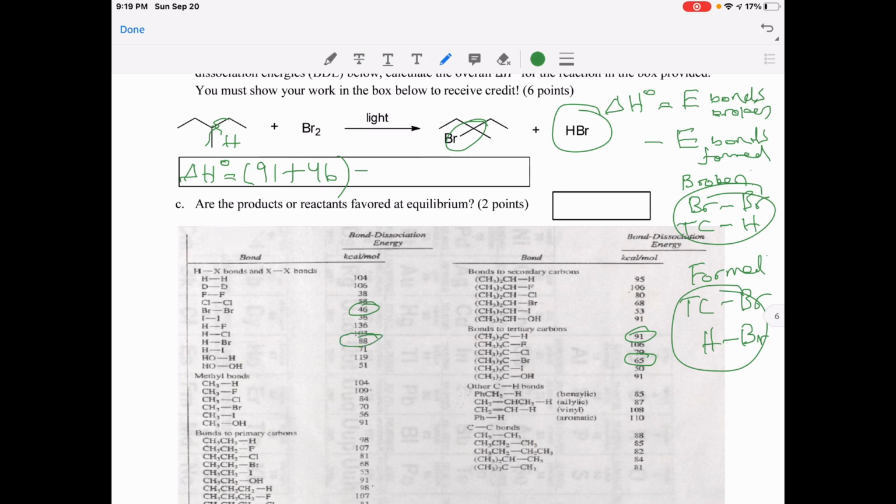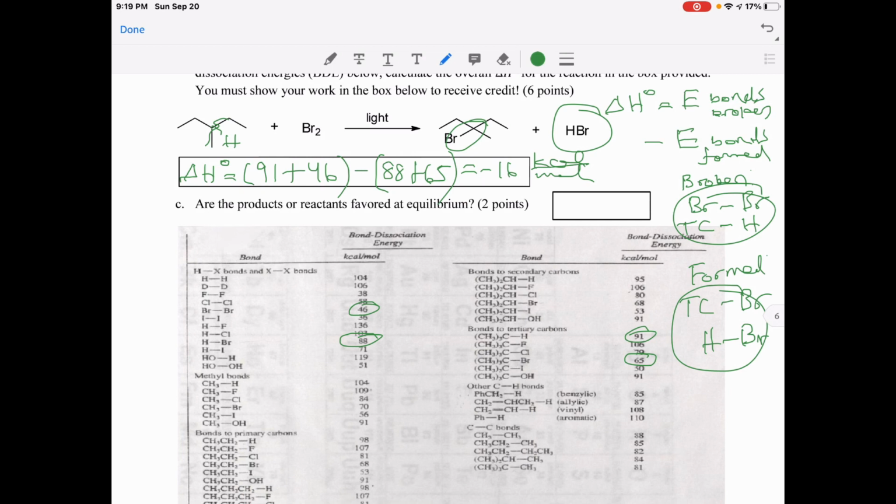Adding these 2 together, we get the total energy of bond formation, which is 88 plus 65 kilocalories per mole. And this gives us a total final answer of minus 16 kilocalories per mole.